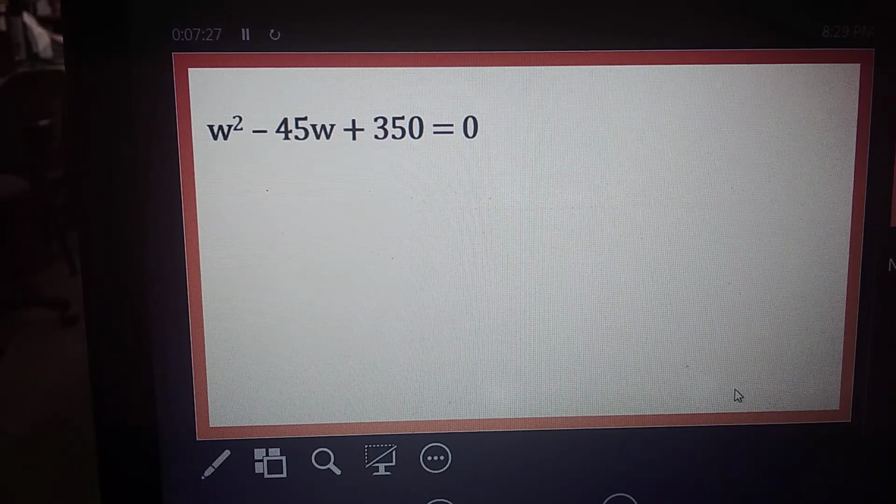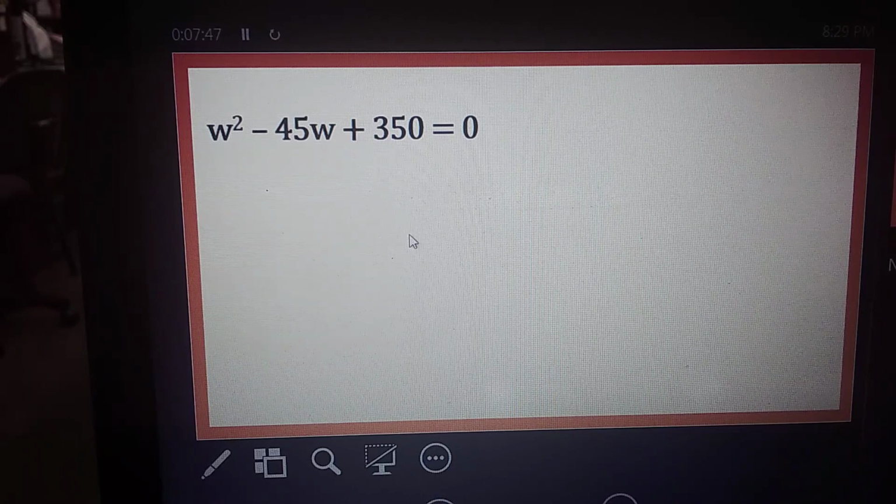You just need to transfer 350 to the other side. In my case, I'll be using factoring. It's for you to find which among the methods is easiest, then you make use of that. But again, you cannot use extracting the root here because of the presence of bx.